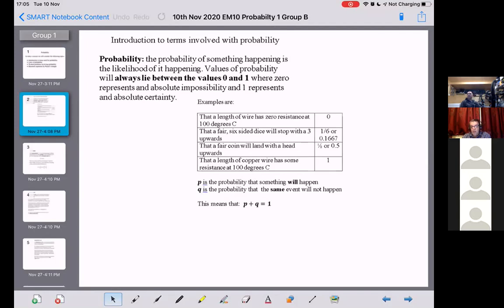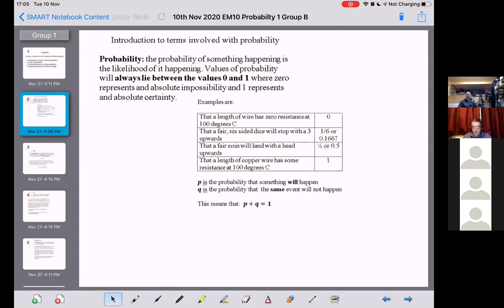Now, commonly P is used as the probability that something will happen. Conversely, Q is used for the probability that the same event will not happen, such that P, the probability it will happen, plus Q, the probability that it won't happen, have to add up to 1.